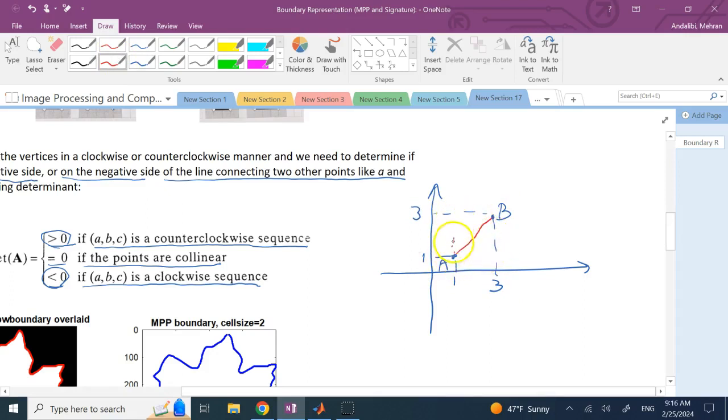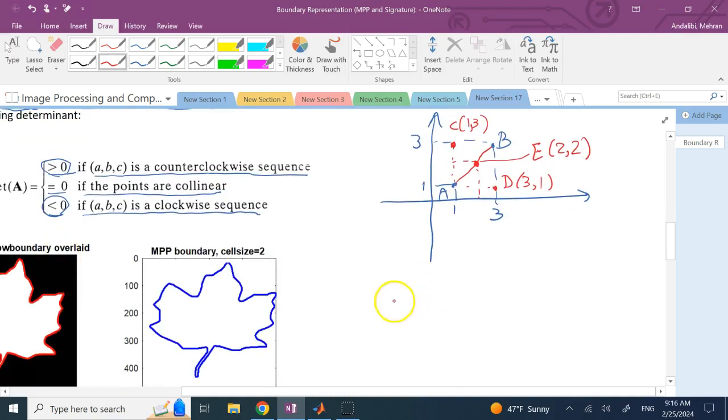One is this point right here. I call it C, and this C is (1, 3). Then I have point D here, which is (3, 1), right? You see each one of them is on one side. And I also consider this point here, E, which is (2, 2), on the line.